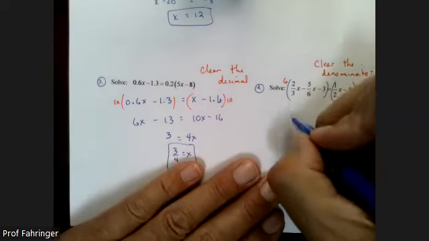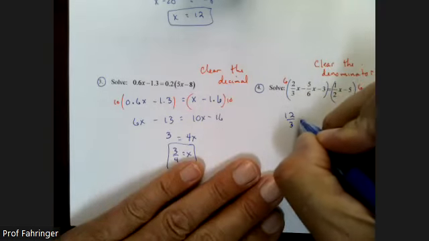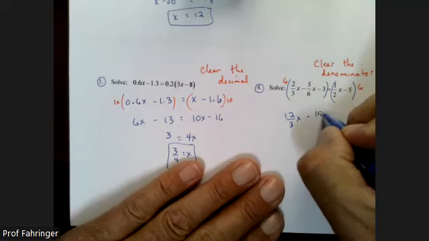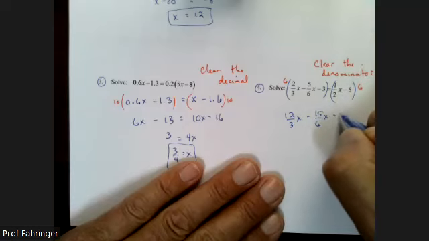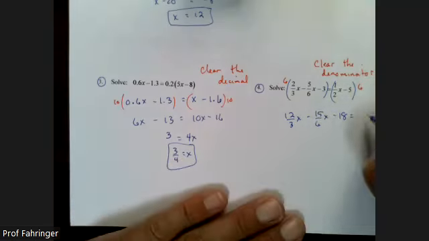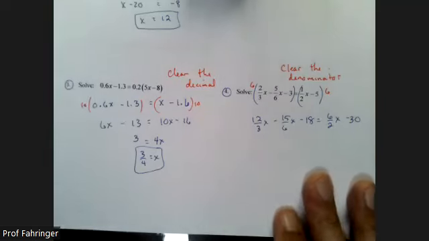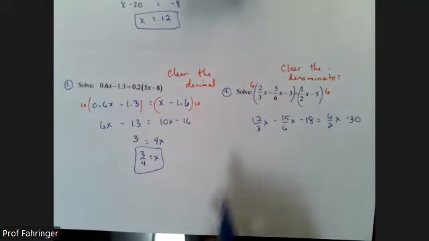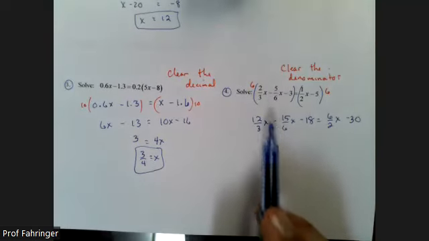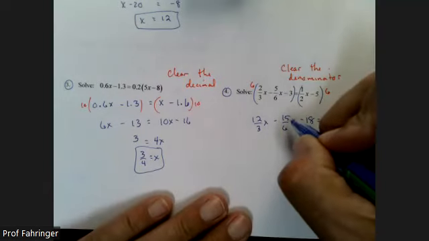Okay, I get 12 over 3x minus 15 over 6x minus 18, 6 over 2x minus 30. Uh-oh, I ran out of dot cam. There we go. 12x. Uh-oh, that's not 15.